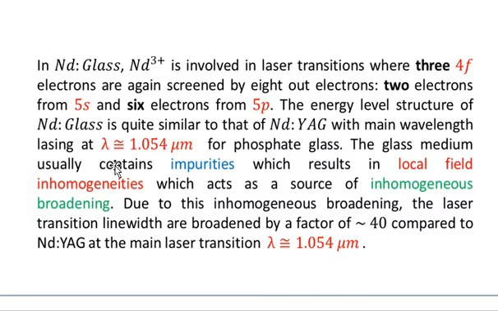The glass medium usually contains impurities, which results in local field inhomogeneities, which act as a source of inhomogeneous broadening. Due to this inhomogeneous broadening, the laser transition line widths are broadened by a factor of 40 compared to the Nd-YAG at the main laser wavelength transition of lambda equal to 1.054 micron.